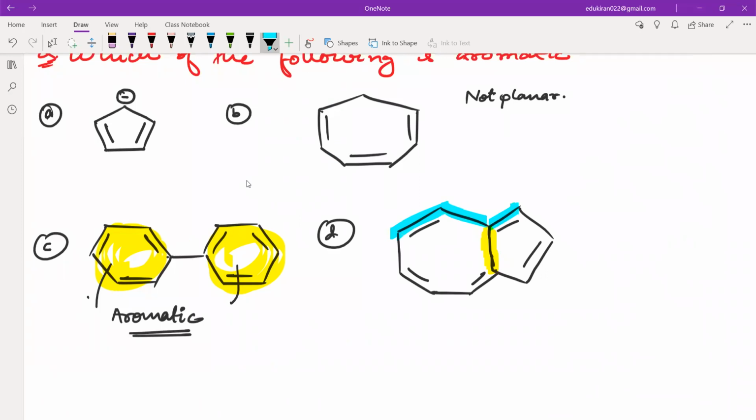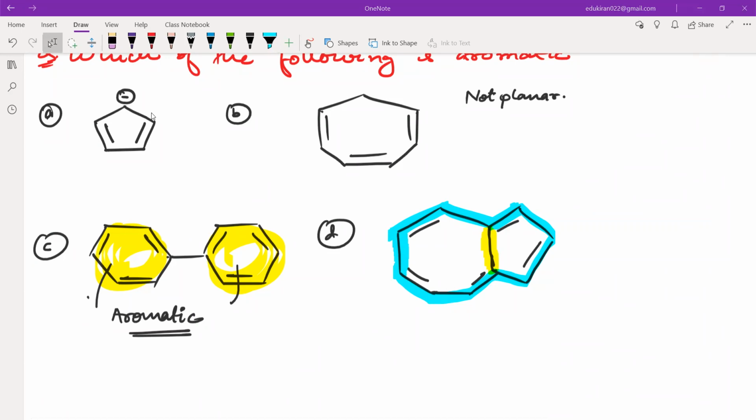Look, we start from here. What if it is cyclic? Then I will not pick my pen up while completely drawing the structure. I did not pick my pen up and I drew the complete cycle. So this is the ring. Whenever you have a fused ring, you check aromaticity in the fused ring, not in two separate rings.